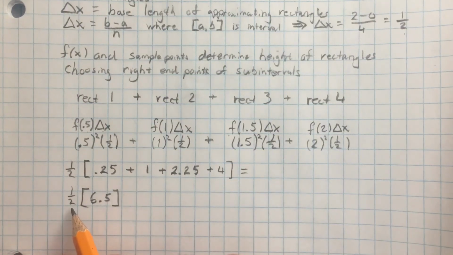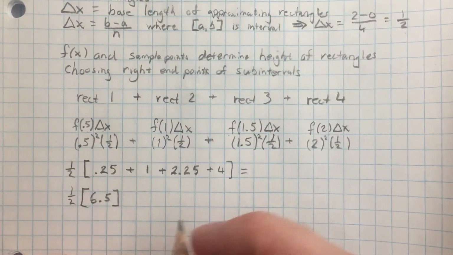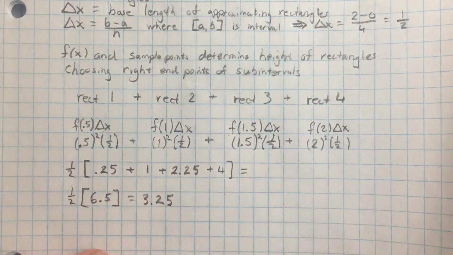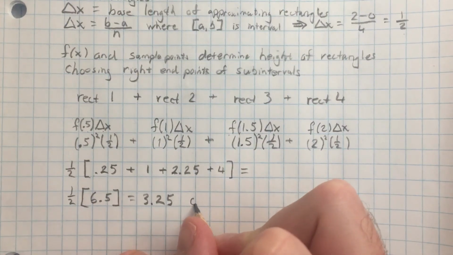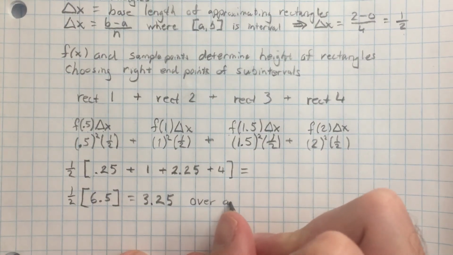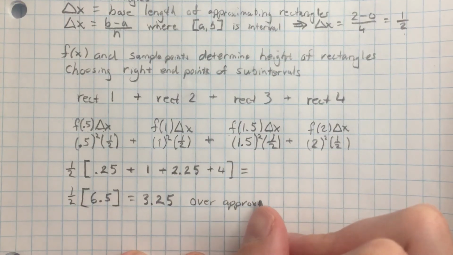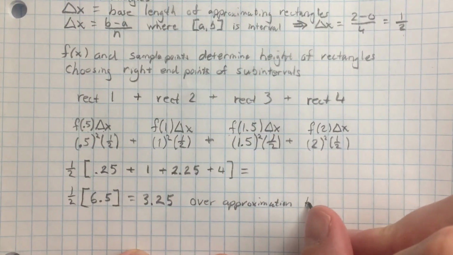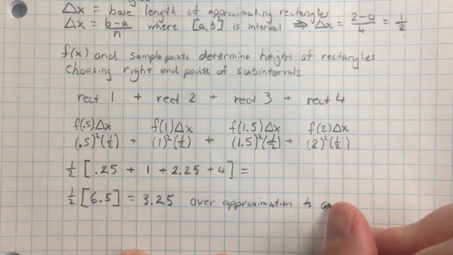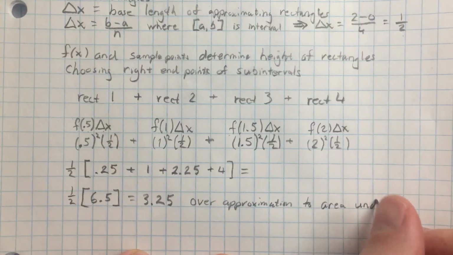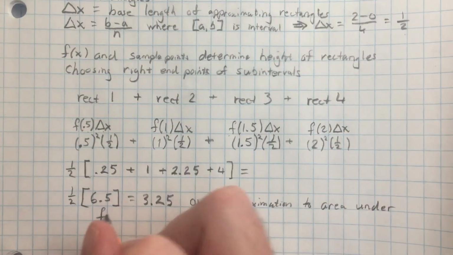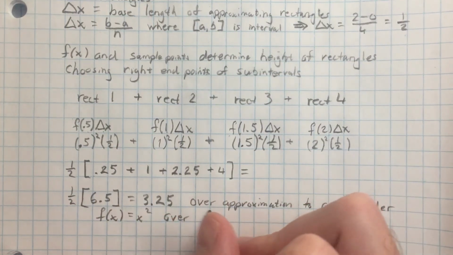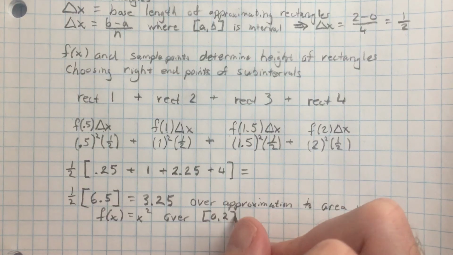And then 1/2 times 6.5 is 3.25. Okay, so there is our approximation. And again, we believe from the picture it's an over-approximation to the area under f of x equals x squared over the interval 0 to 2.